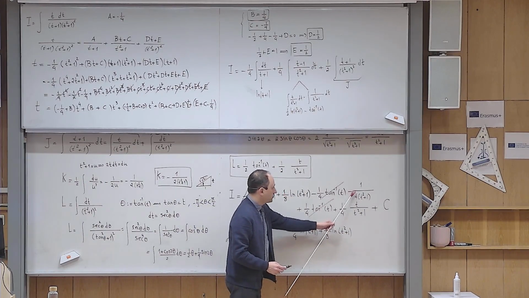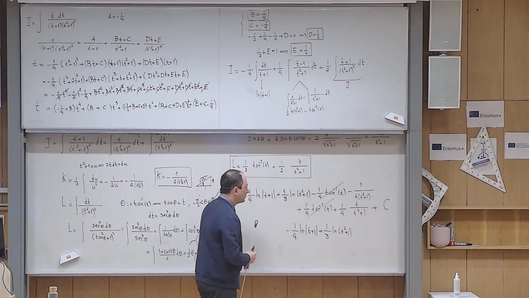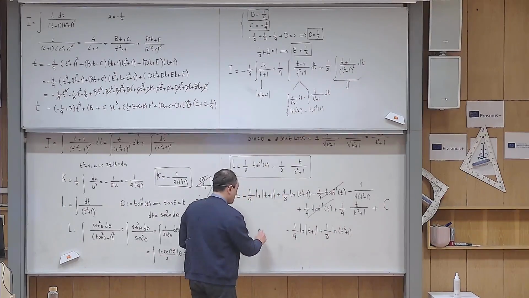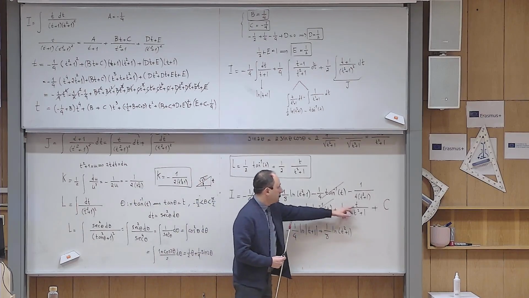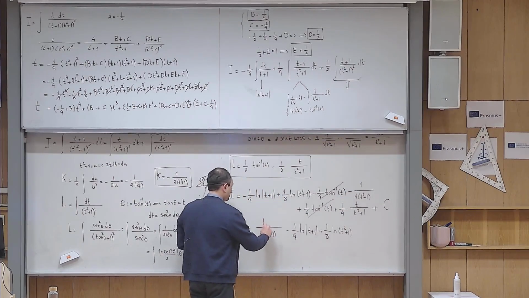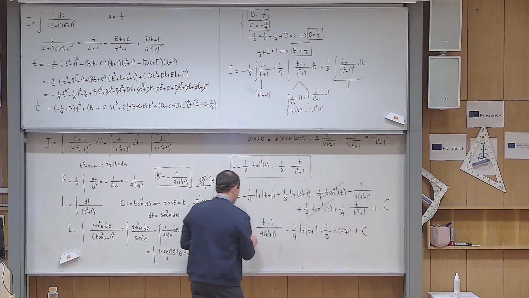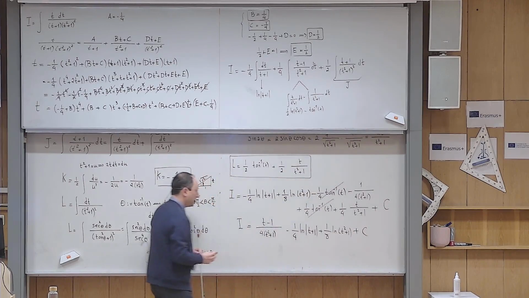So I considered this one, I considered that one. So in principle, I should be able to combine these two. And that's also extremely simple because you see that the denominators are the same. So I would write 4 times t squared plus 1 here. And then I have a t here and minus 1 there. Yes? And then I have a constant c. So let me just double check with the answer.